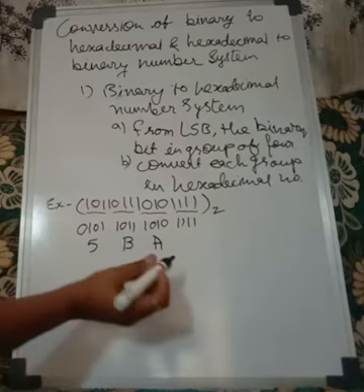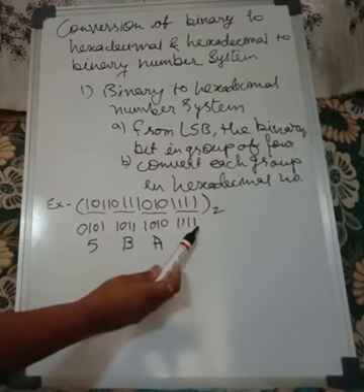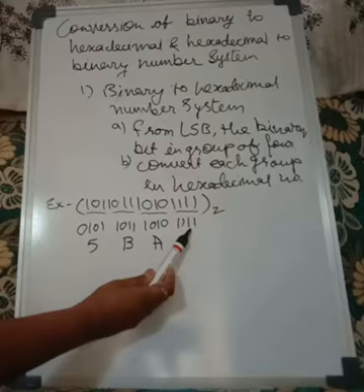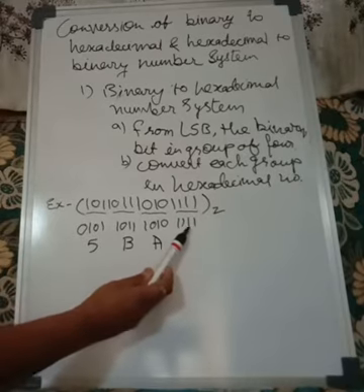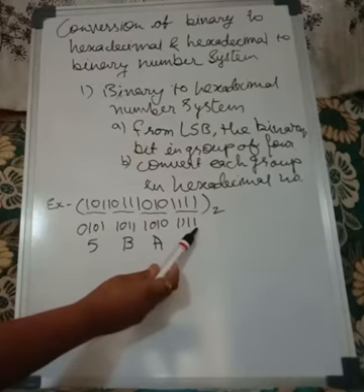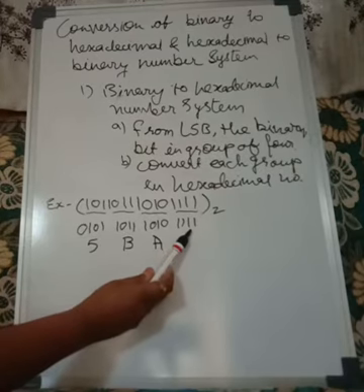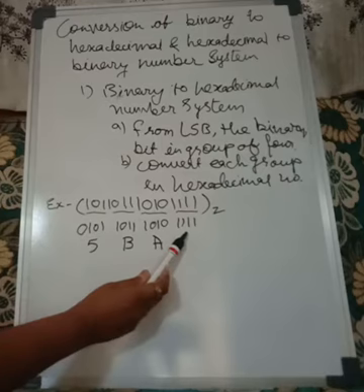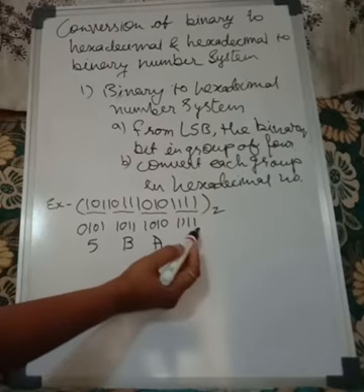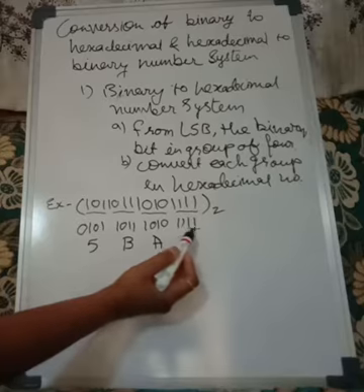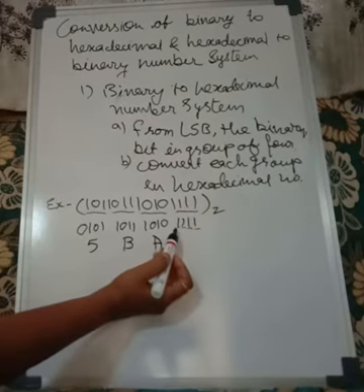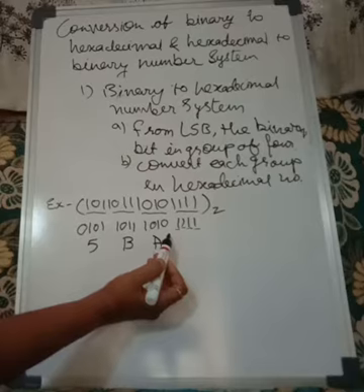Okay, then finally 2 to the power 0 is 1, 2 to the power 1 is 2, 2 to the power 2 is 4, and 2 to the power 3 is 8.